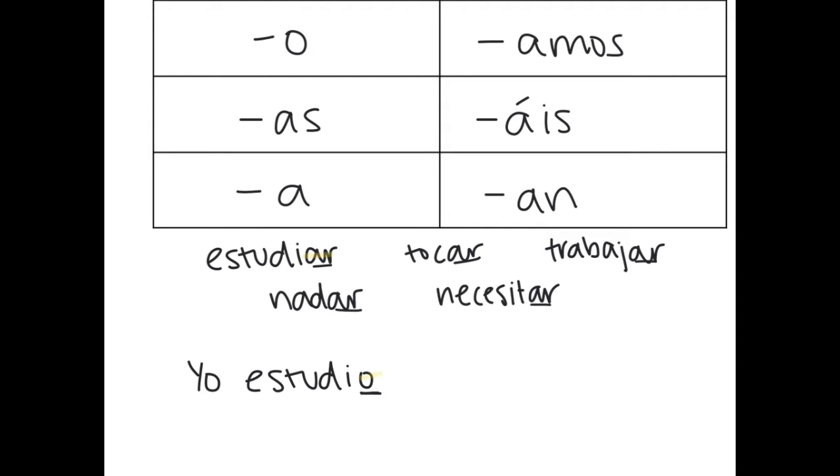AR and the O. Now, if we switch gears, then I want to conjugate tocar, but let's say I want to do it in the nosotros form. So I'll have nosotros tocamos. And again, I can highlight that for you guys. That AR in tocar is replaced with that amos to make tocamos.